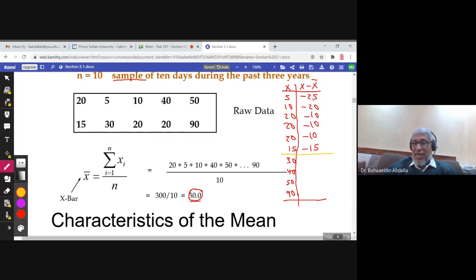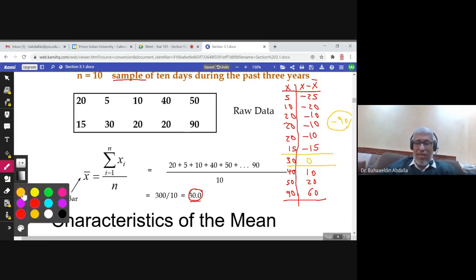If you add their deviations, you have 30, 50, 65, 90. This is negative 90. If you add all of the deviations of these 6 numbers, negative 90. The 30 will give you 0 because 30 minus 30 is 0. 40 minus 30 is 10. 50 minus 30 is 20. 90 minus 30 is 60.